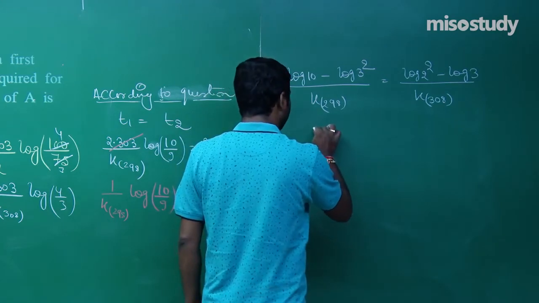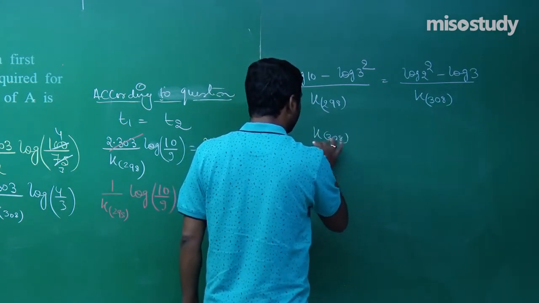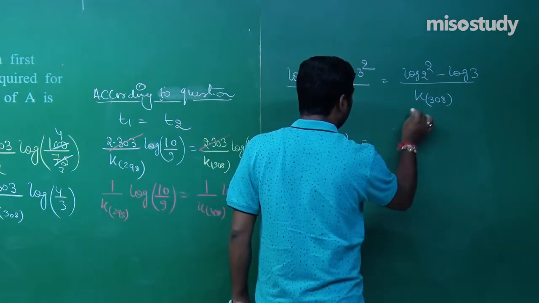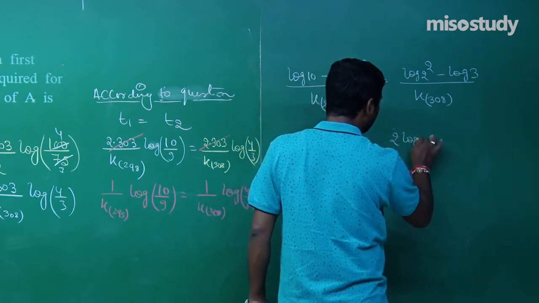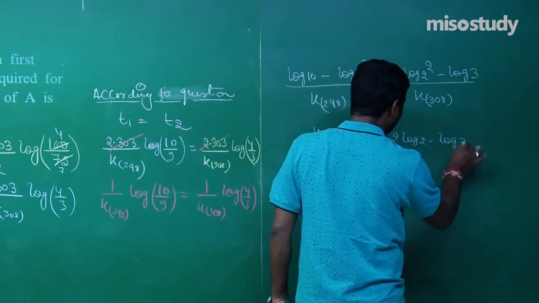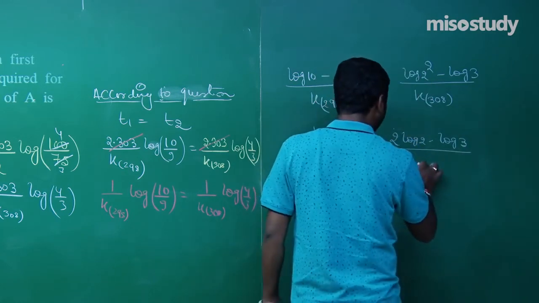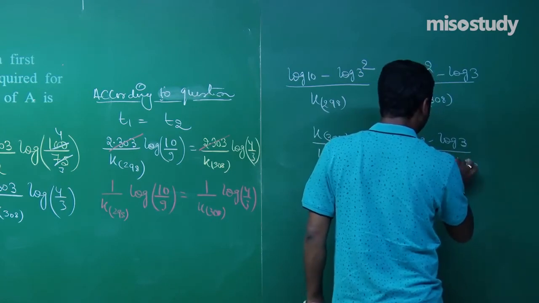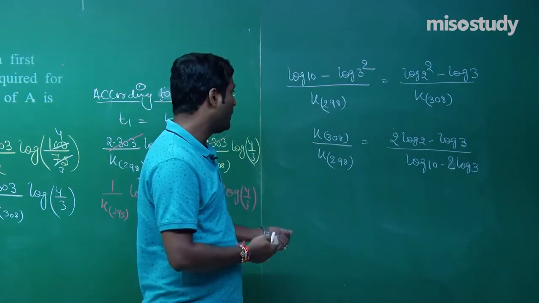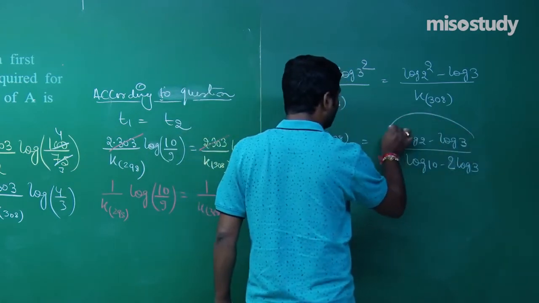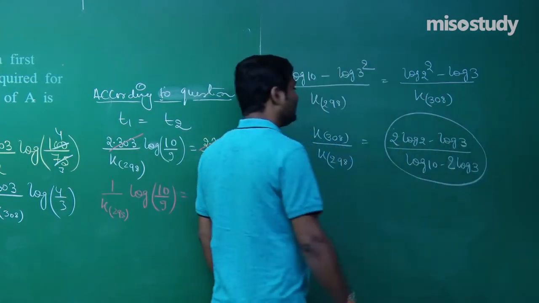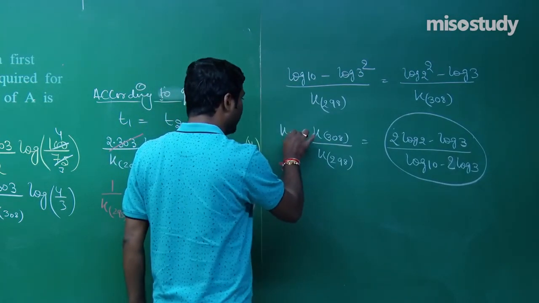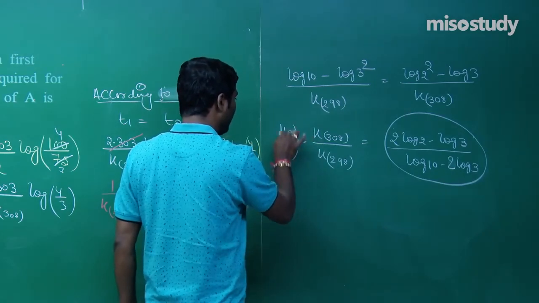K308 upon K298 is equal to 2 log 2 minus log 3 upon log 10 minus 2 log 3. Clear? Now if you put the value of log 2, log 3, log 10, then you can get the value of K308, which is K2, and K298 is K1.